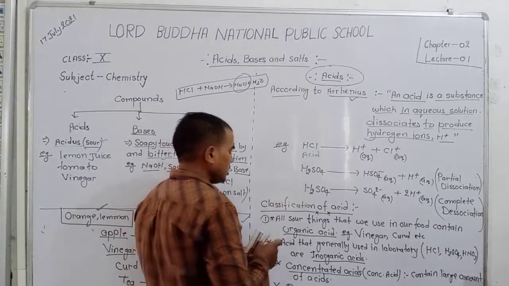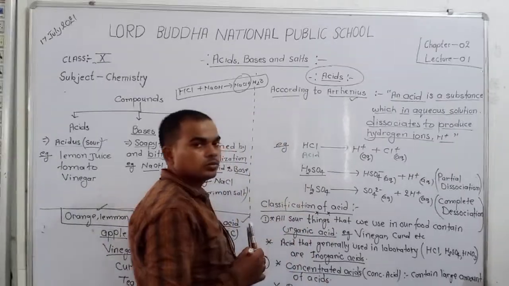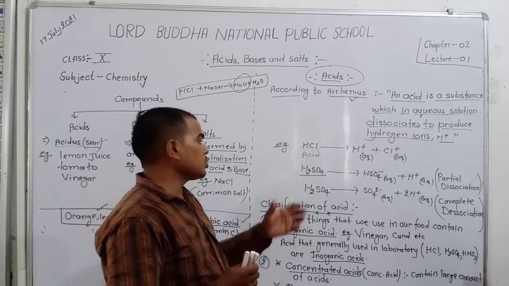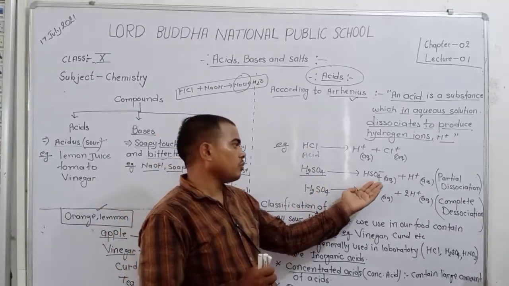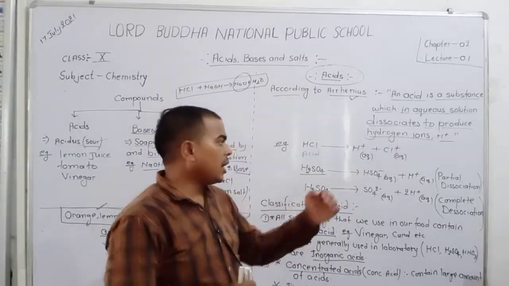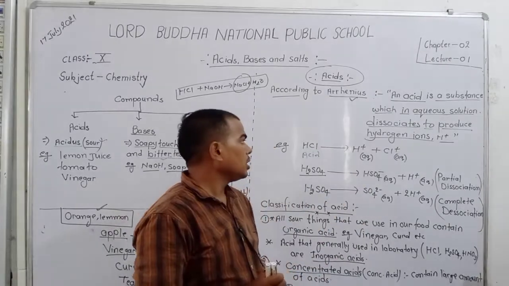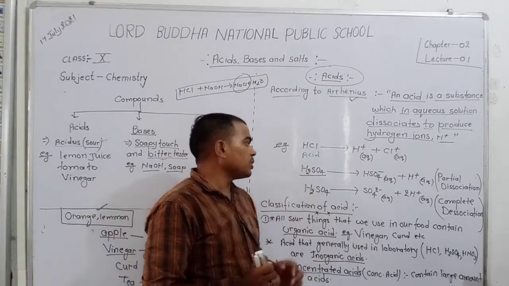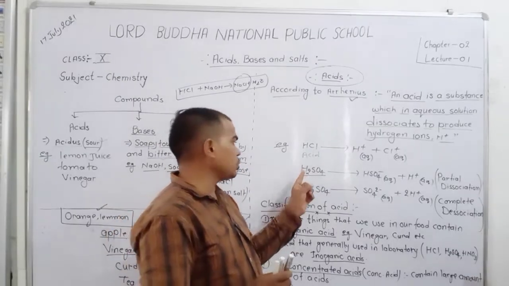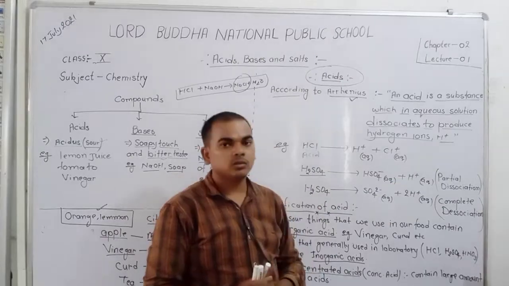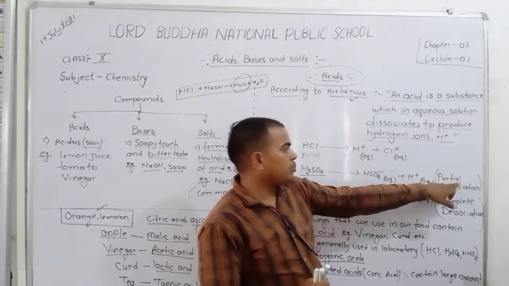Dear student, here a compound H2SO4. When H2SO4 dissolves in water, it converts into HSO4 minus in aqueous and H plus in aqueous. Here, two hydrogens are present in this compound, but it dissociates only one hydrogen. So this dissociation is known as partial dissociation.